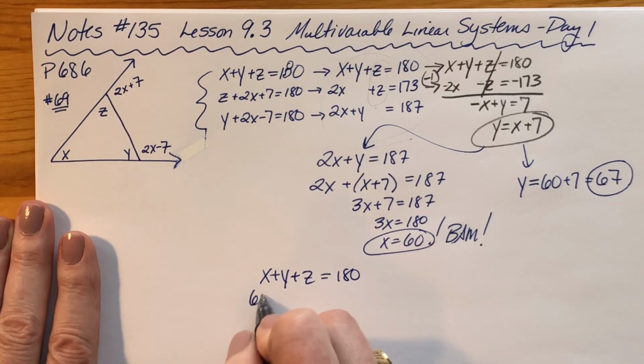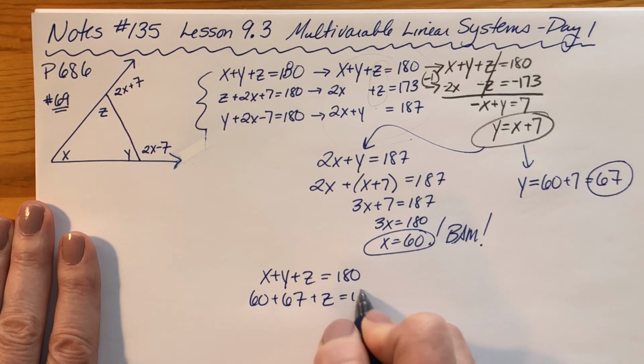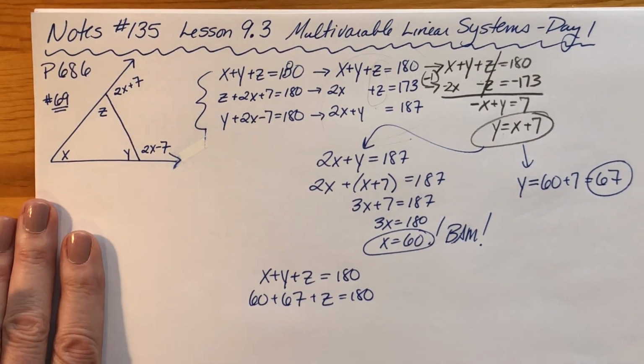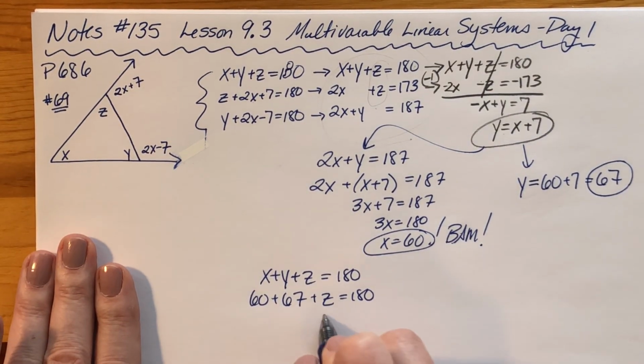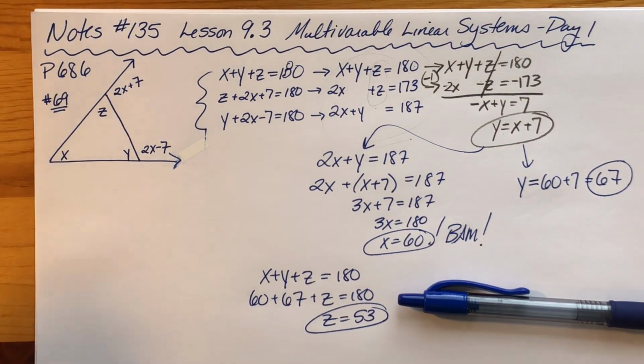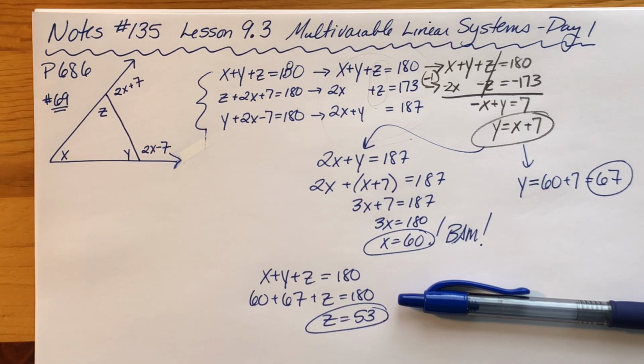I know x is 60, y is 67, so straight away, I'm going to take 180, subtract 60, subtract 67, and z is going to equal 53. Now I want to be sure that I have the correct answer here. So what I would do personally is plug these angle measures back in up here, make sure that they work in all of them, because I always like to get the right answer.